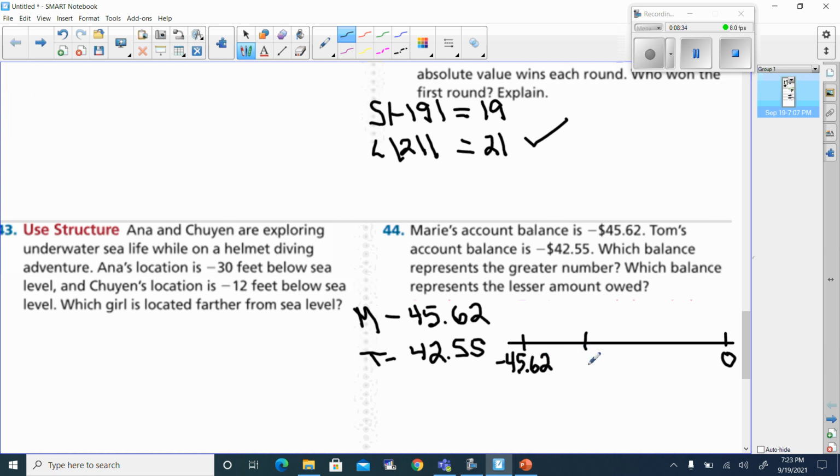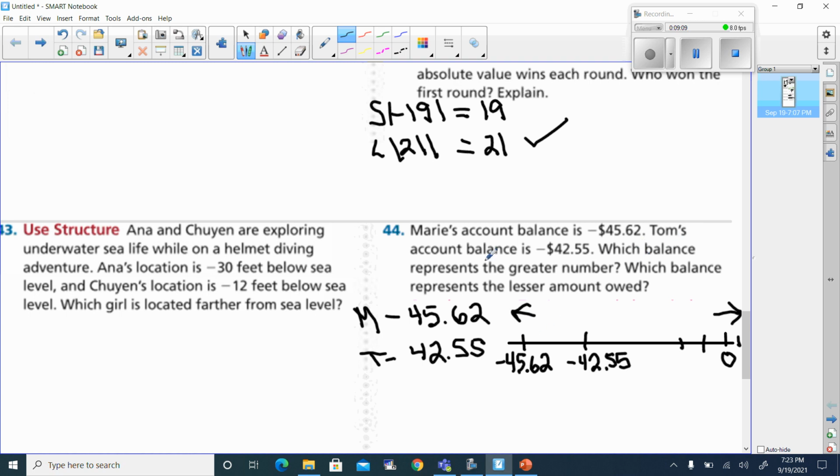Tom's was -42.55. Now notice, because we're talking about negative numbers, the numbers are going to grow this way, but they are growing in depth. And on the other side of my 0 is going to be 1, 2, these numbers are getting bigger and bigger, which tells me numbers to my right are bigger than the numbers to my left.